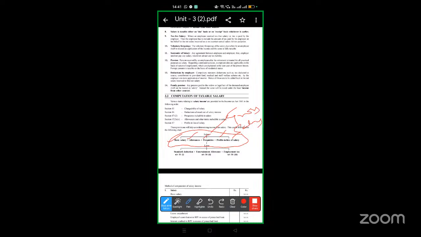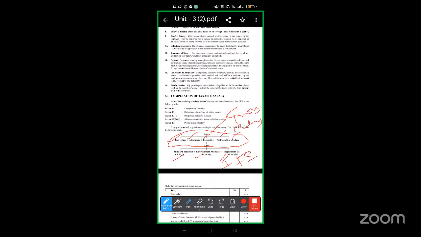And from this, if you deduct the standard deduction, that is section 16(1), section 16(2), that is entertainment allowance, and section 16(3), that is employment tax, you'll get the income from salary.